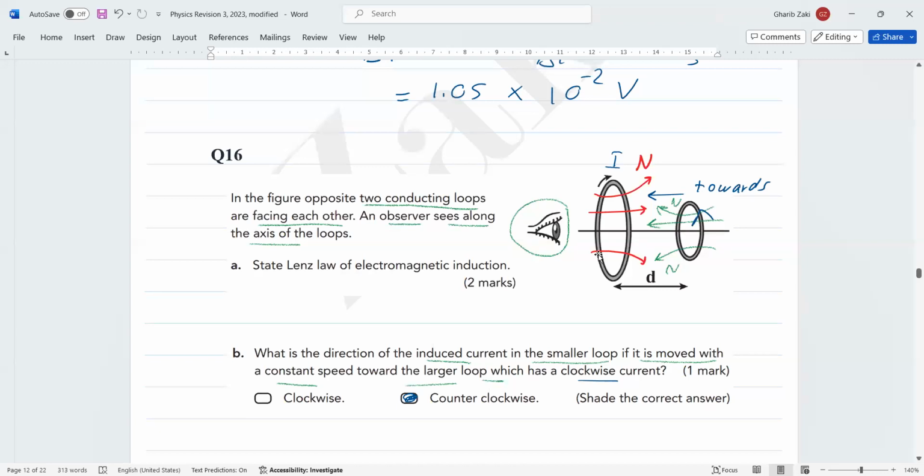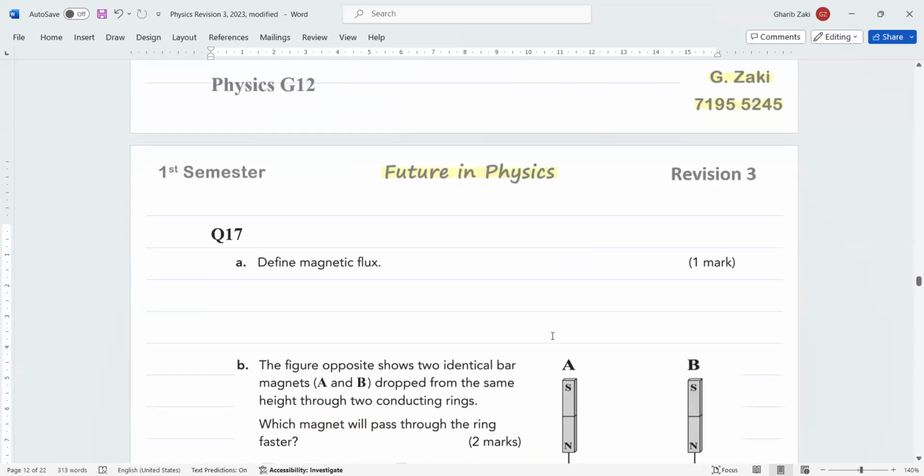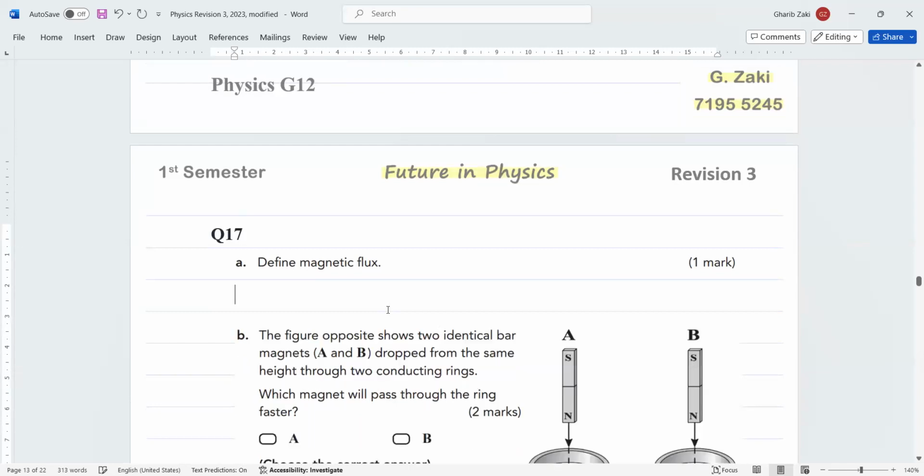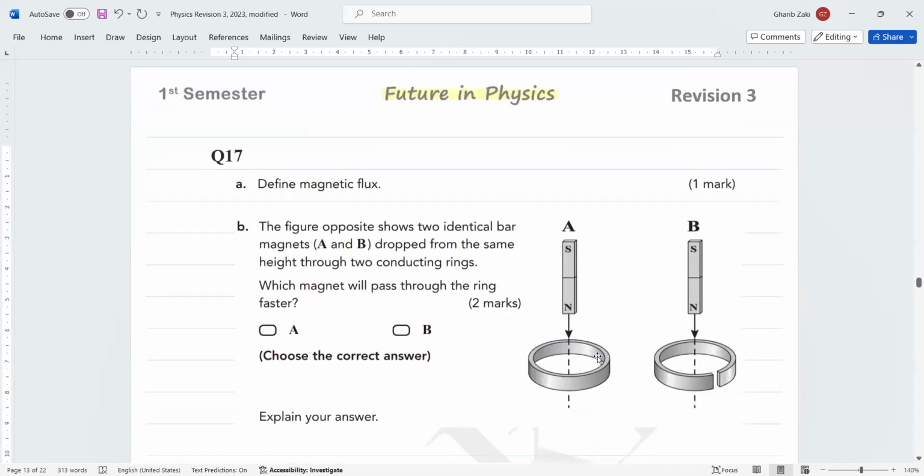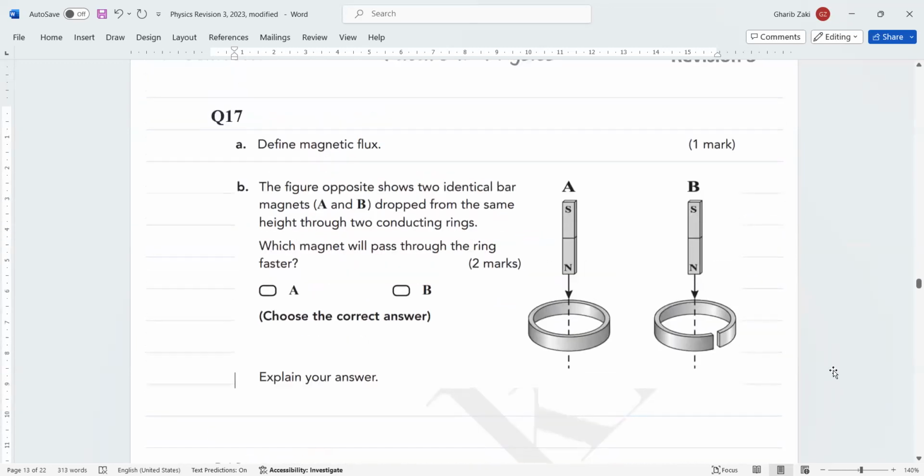Now, next. We don't need a definition now. Let us think of this question. Think with me. The figure opposite shows two identical bar magnets, A and B, dropped from the same height through two conducting rings.